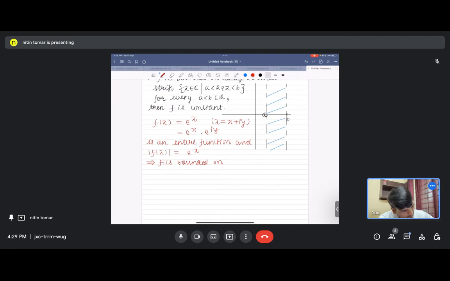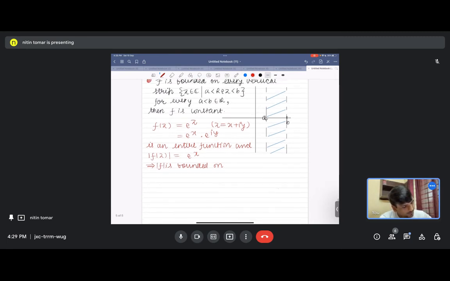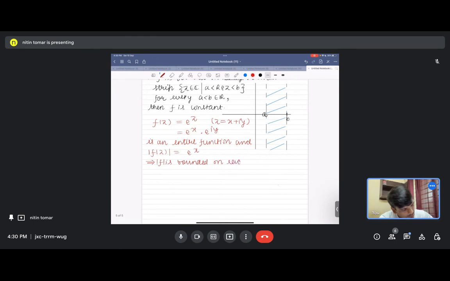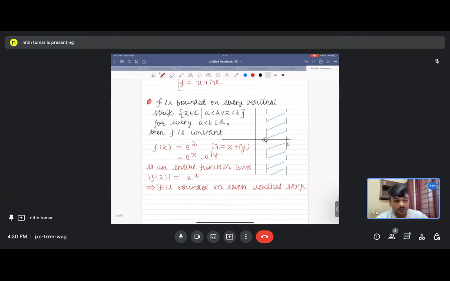So mod f is bounded on each vertical strip, but this is not constant, so this option is not true, so this is false. Do you get it?